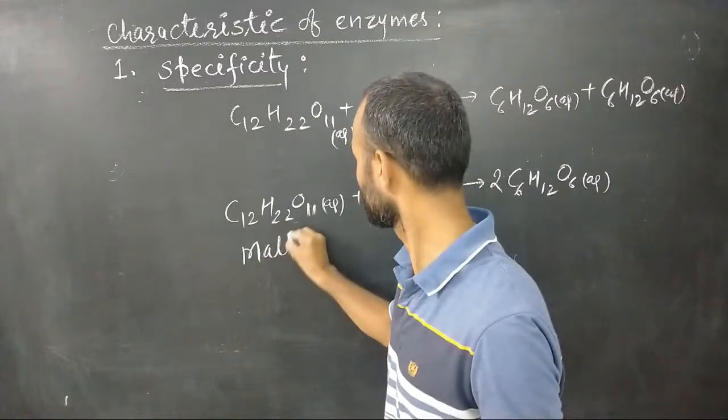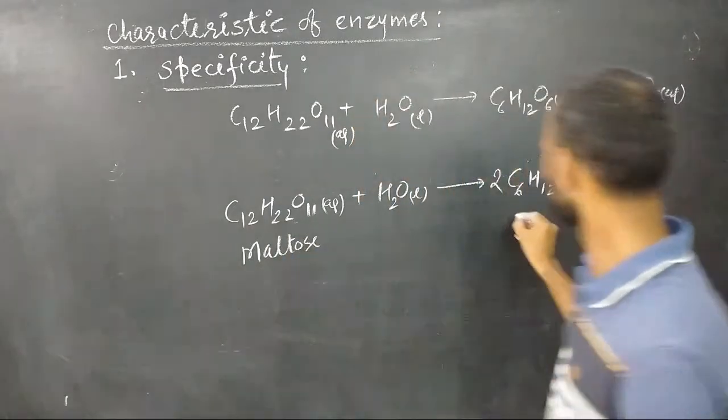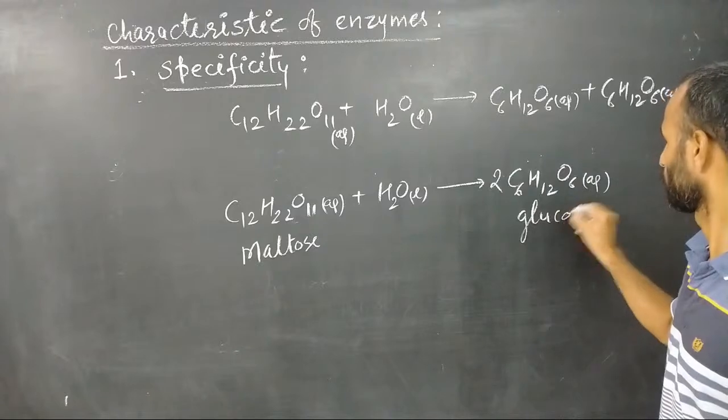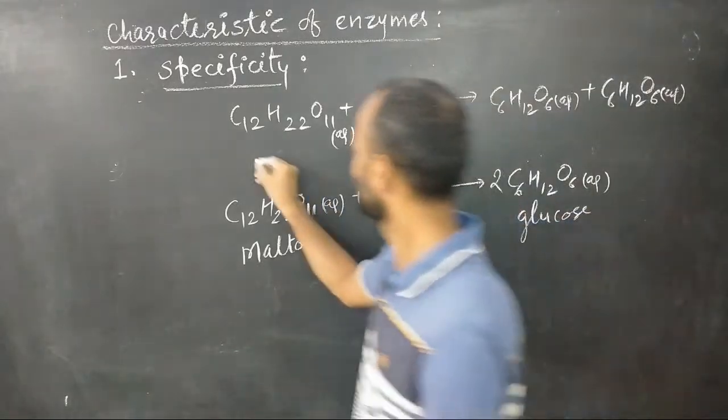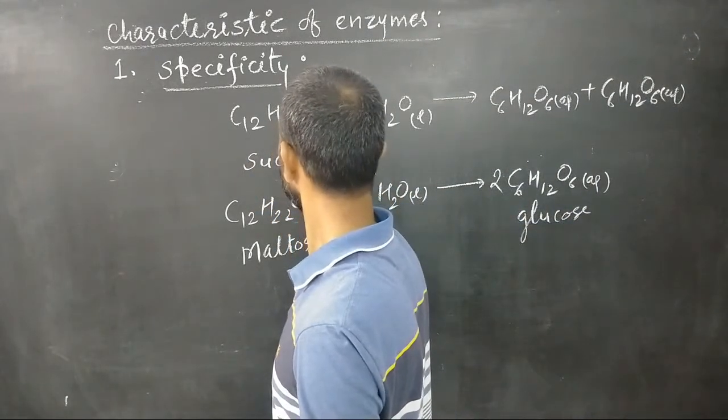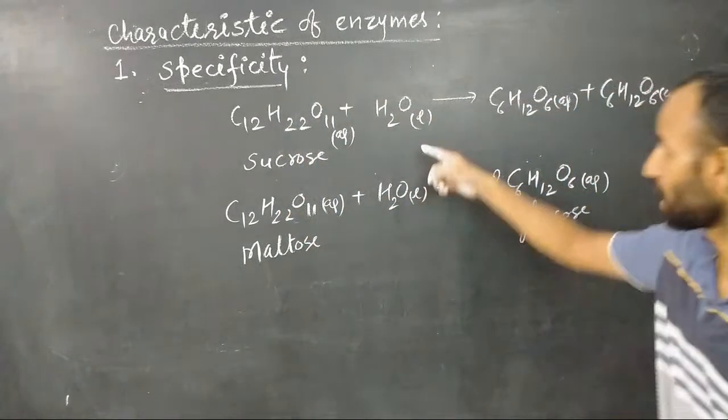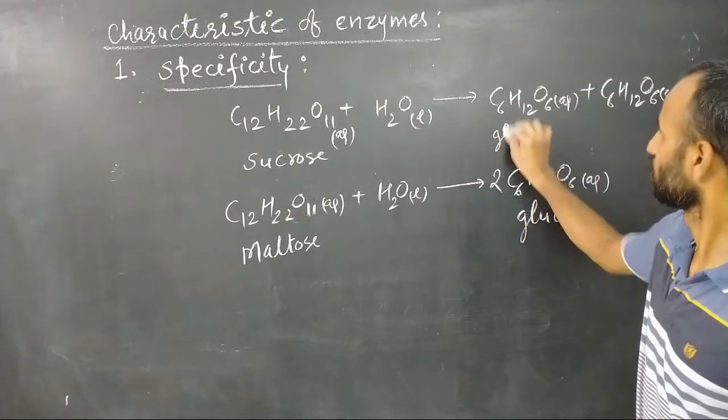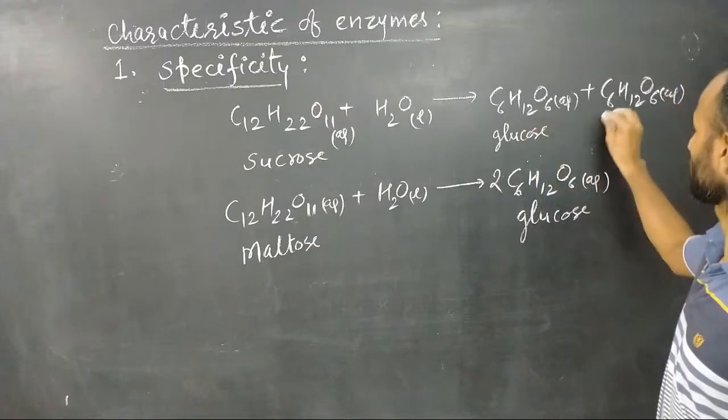This is maltose and it gives 2 glucose units. This is sucrose and on hydrolysis it gives glucose and fructose.